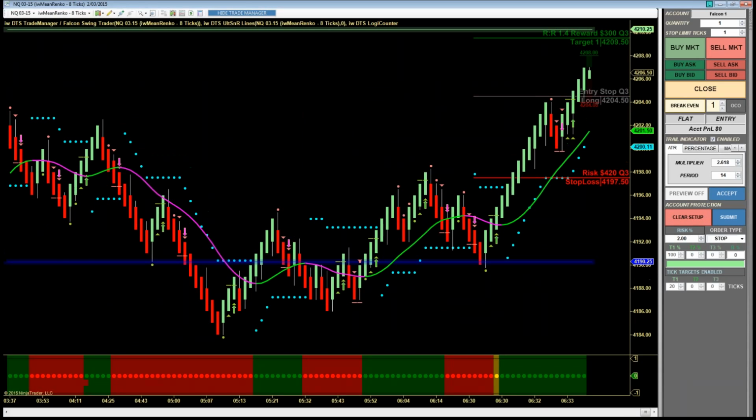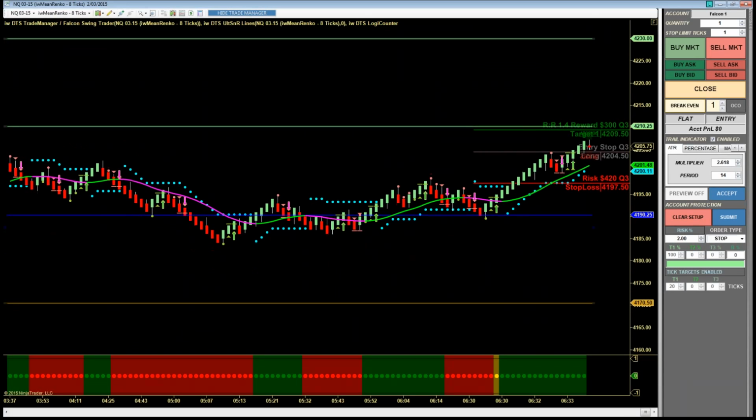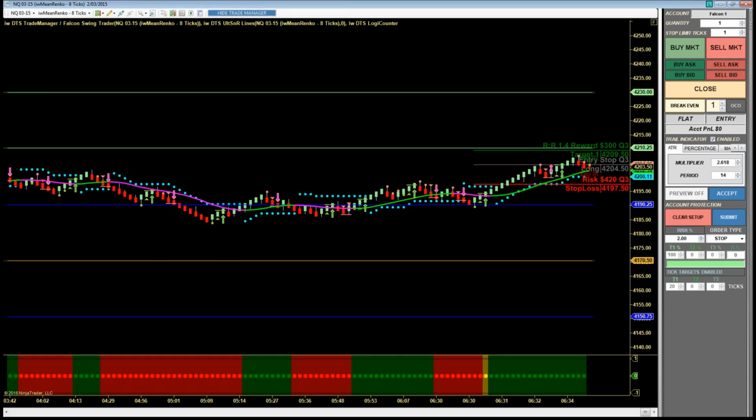We did get a trend change signal here in the Falcon, which I suspected. So here's the same signal that we're looking at here on the Falcon. Oh, look at this nice bounce here off of primary resistance. That would be the resistance line above the median line.